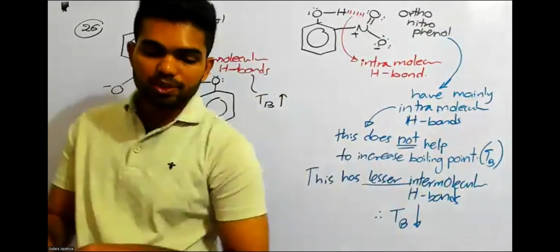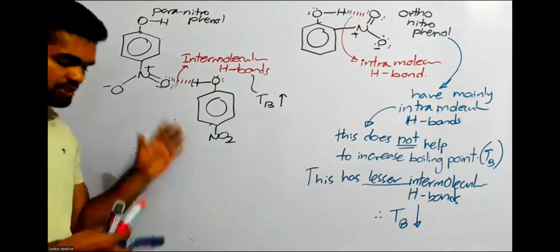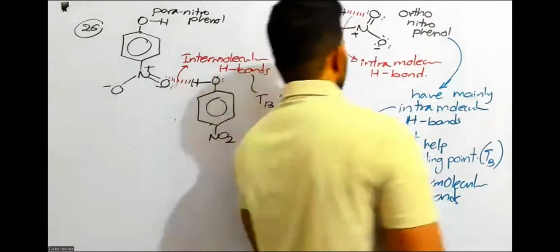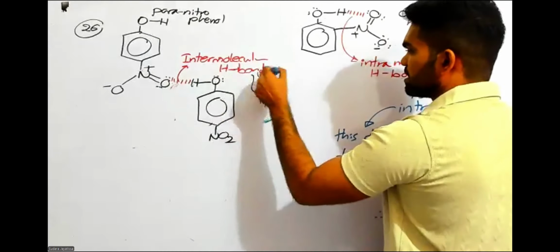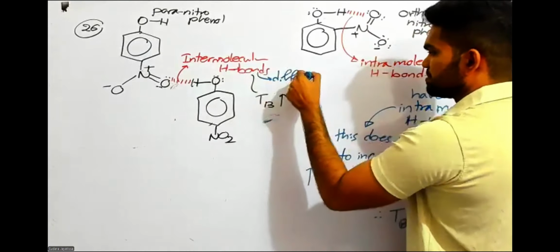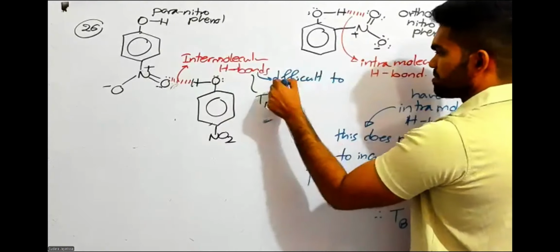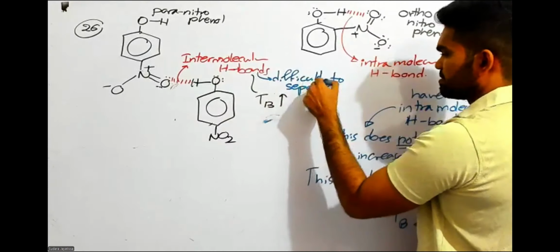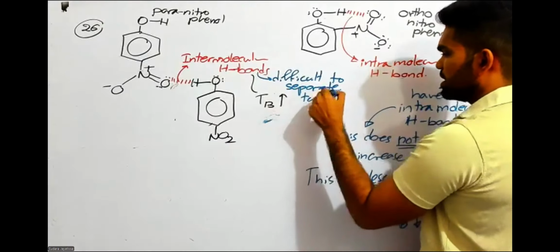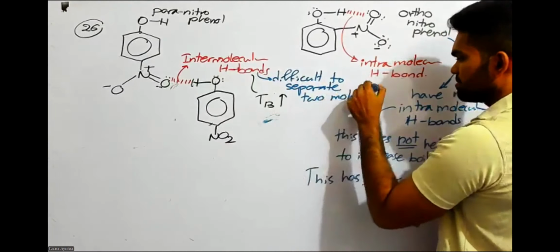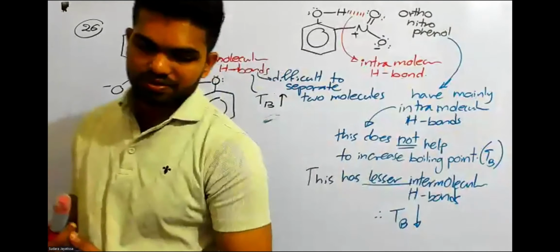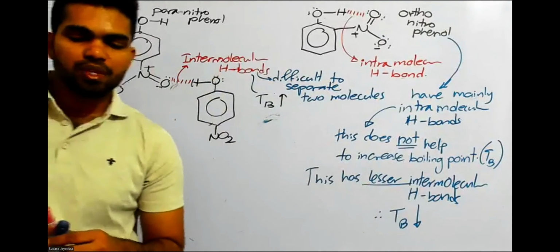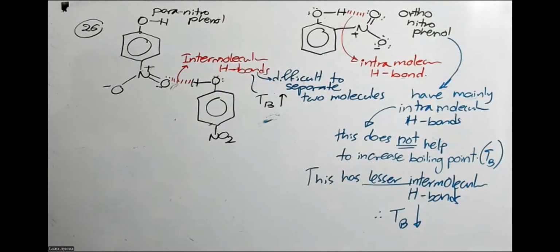It is difficult to separate two molecules. I'll write that too: here it is difficult to separate two molecules. So therefore, the boiling point will be higher. Understand? So remember, orthonitrophenol is having mainly intramolecular H bonds.